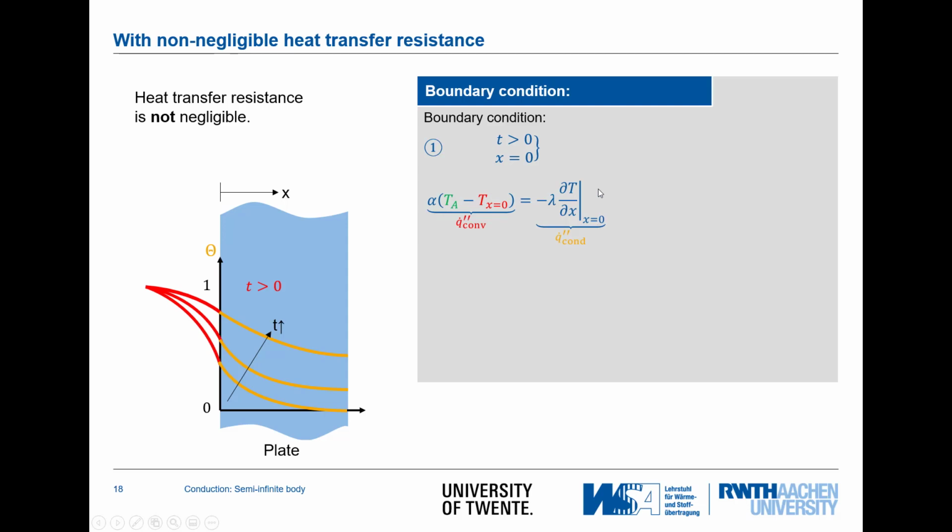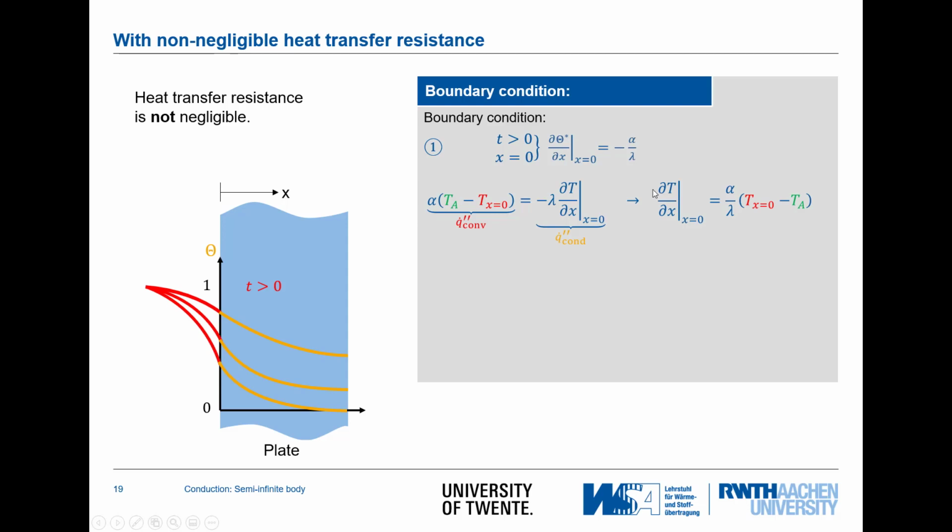And of course, the conduction is depending on the temperature gradient at the surface and the thermal conductivity of the material. So the boundary condition will be of third kind, meaning that there's a relation between the gradient and the absolute temperature T at the surface.